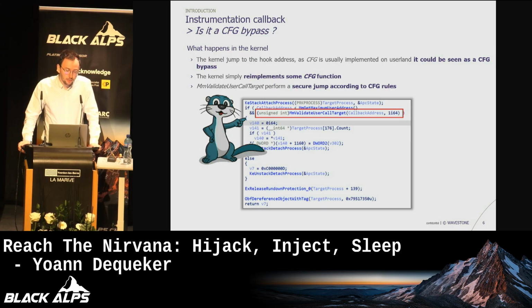The problem is that if we decompile the kernel, we can see that the protection has been re-implemented at the kernel level. It's the function KiUserCallTarget validation that does a secure jump and checks whether any Control Flow Guard rules have been implemented. So Nirvana hook is not a Control Flow Guard bypass. It's just a way to execute specific code in a process.